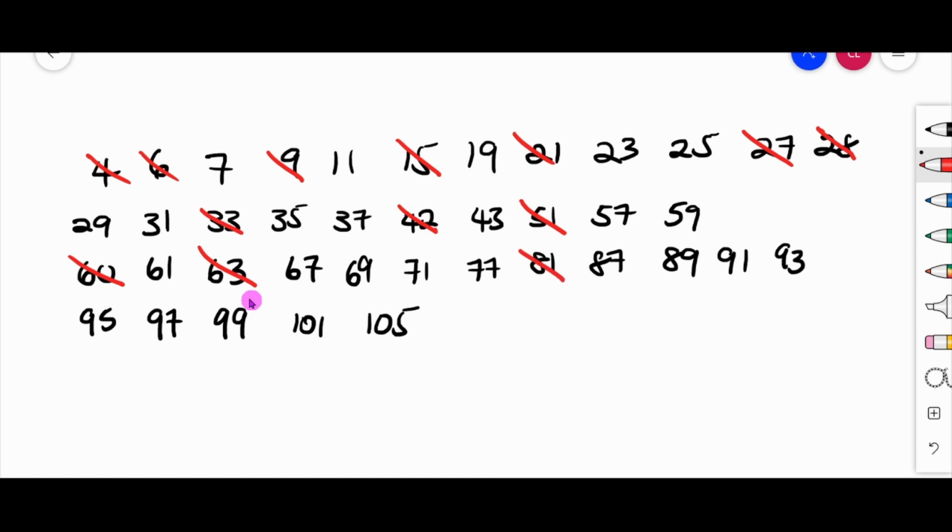And 93. 93 is a multiple because 9 and 3 would make 12. And let's see, 105, we'd have to take 105 out as well, because adding this together we would get 6, and that would make it a multiple of 3.